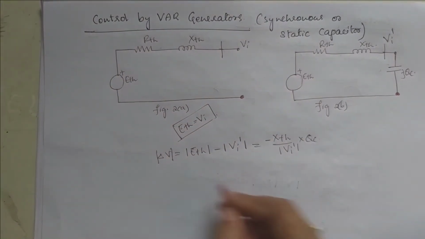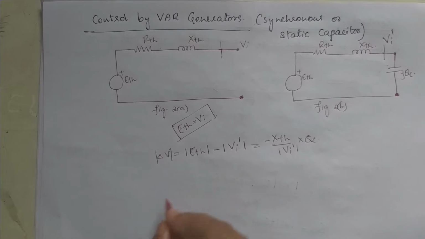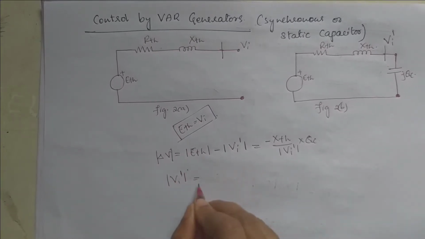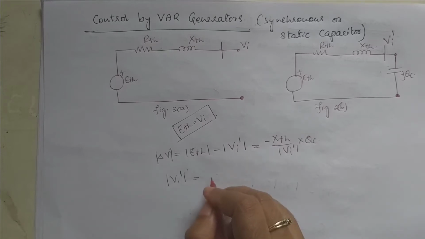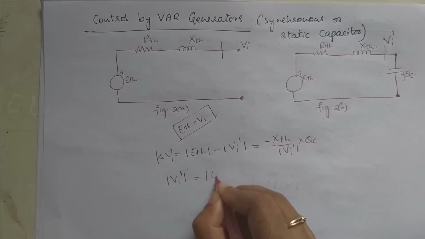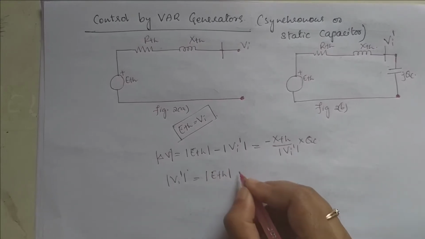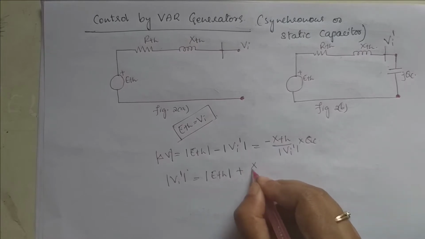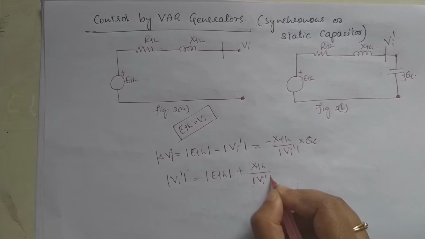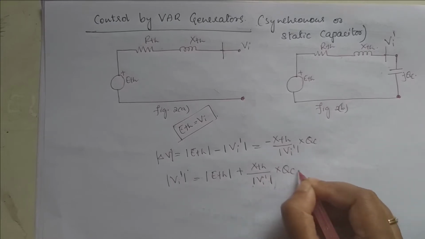On rearranging this equation, we get VI dash is equal to ETH plus XTH divided by VI dash into QC.